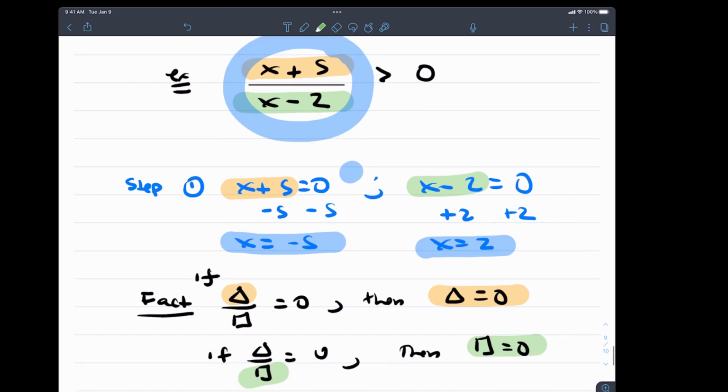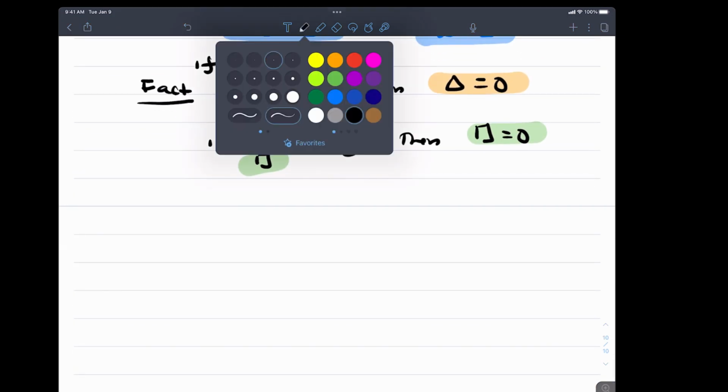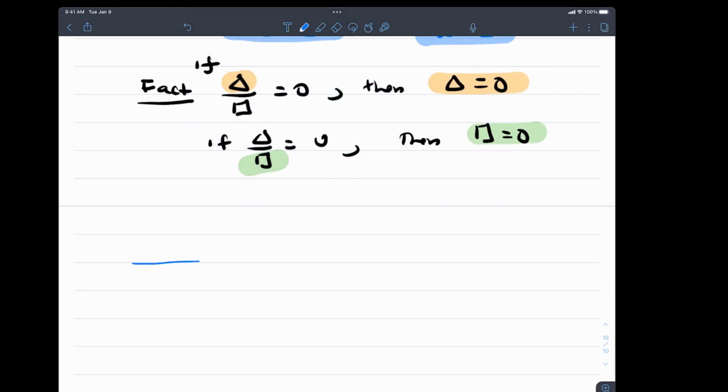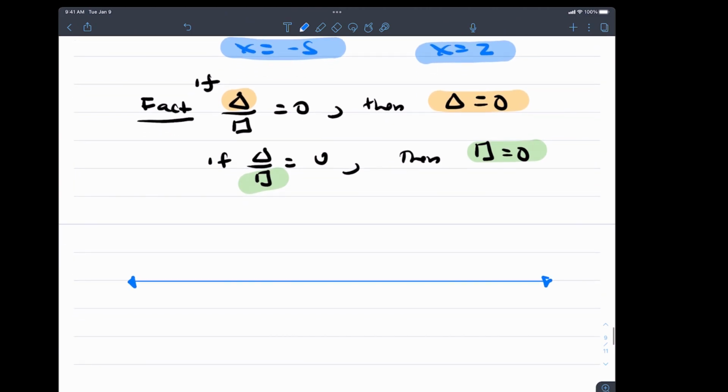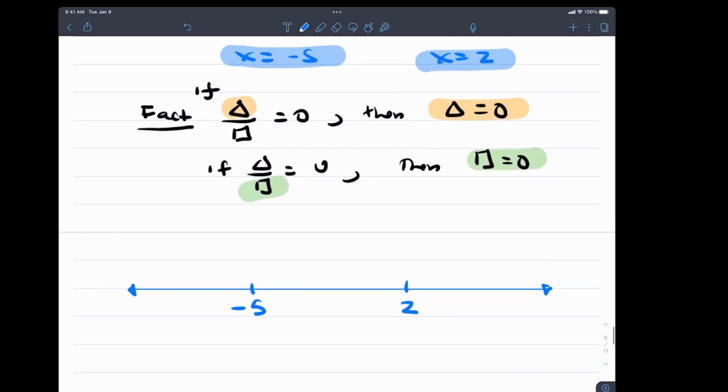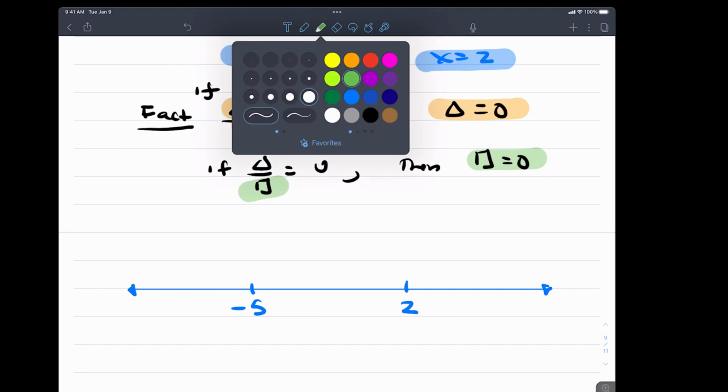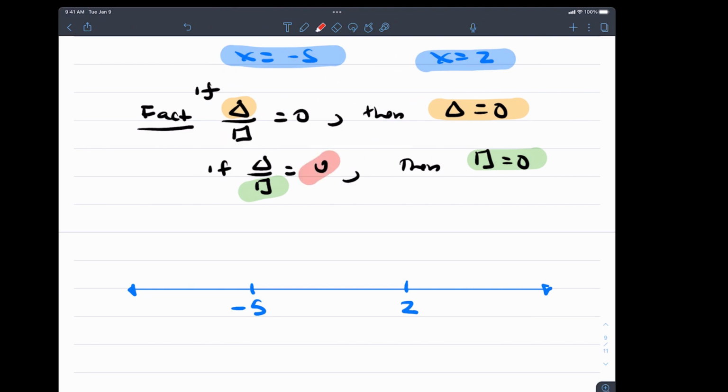And you say, why? Because when you go to step 2, the real number line, you guys remember this? You're going to find those solutions of -5, which will be to the left of +2. So take a look in blue. You found solutions for a reason for the numerator and the denominator. What is new, though, is this part. Where is that denominator equal to 0?